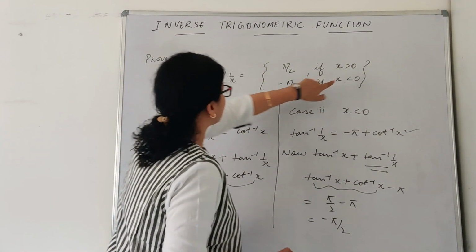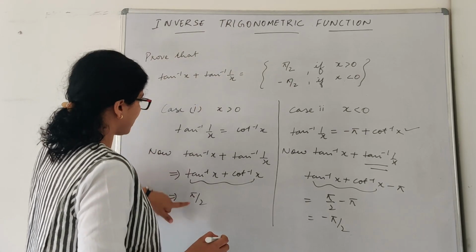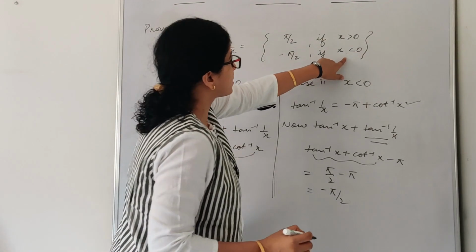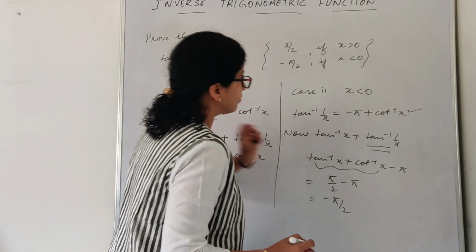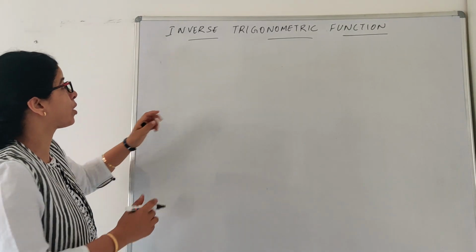When my x is greater than 0, tan inverse x plus tan inverse 1 by x is pi by 2. And when my x is less than 0, tan inverse x plus tan inverse 1 by x is equal to minus pi by 2. So now let us check property 5.